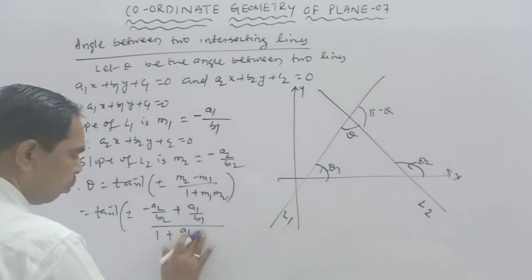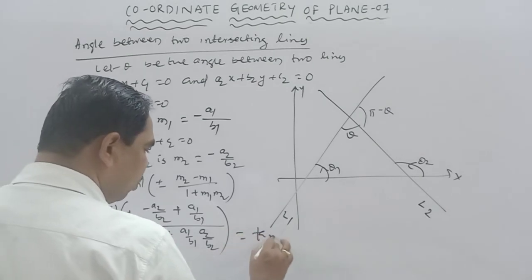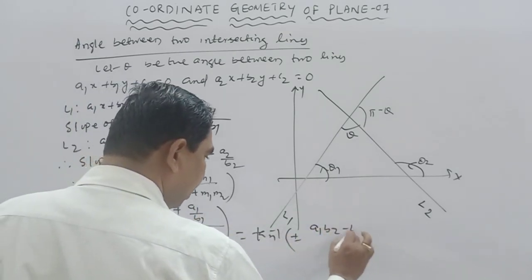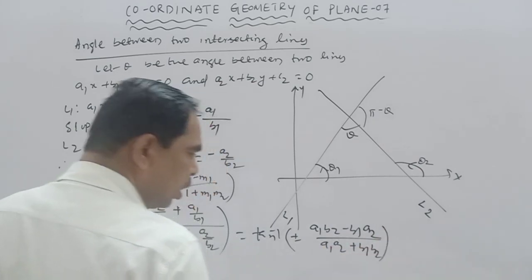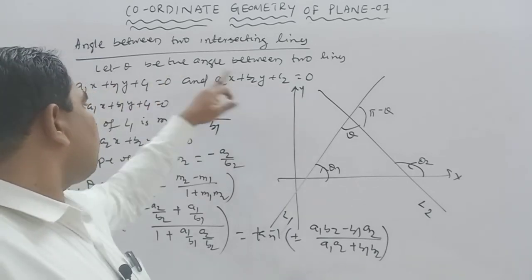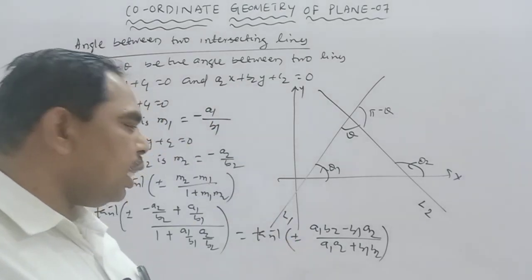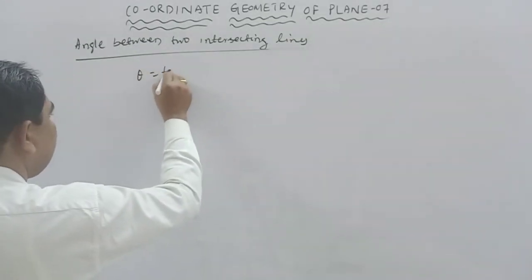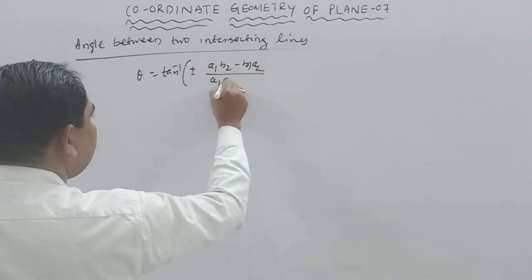Simplifying, theta is equal to tan inverse plus or minus a1 b2 minus b1 a2 divided by a1 a2 plus b1 b2.